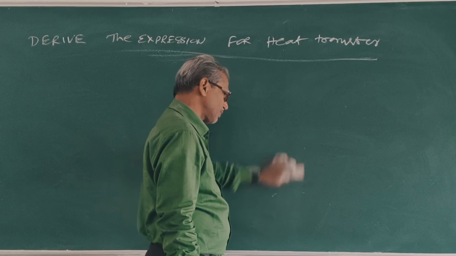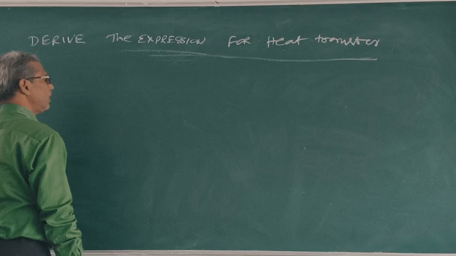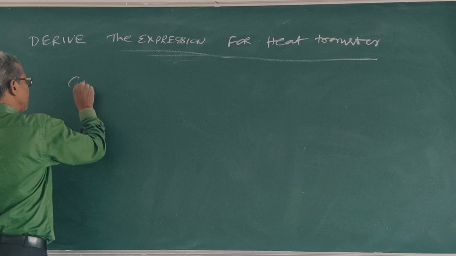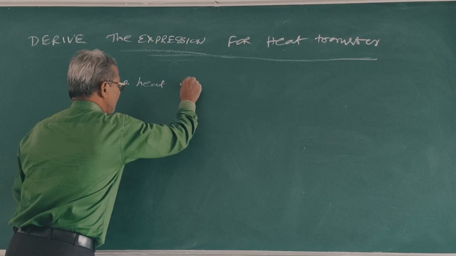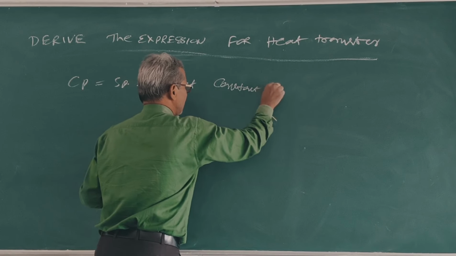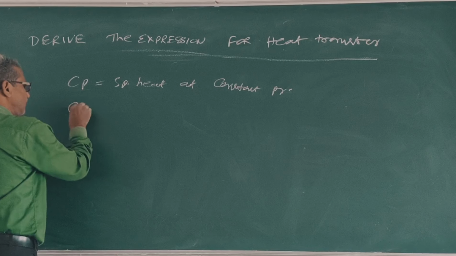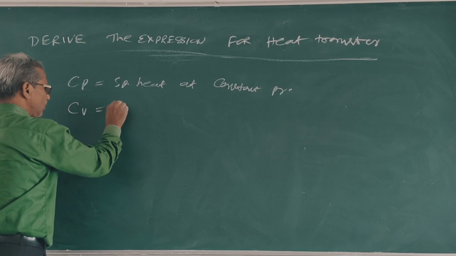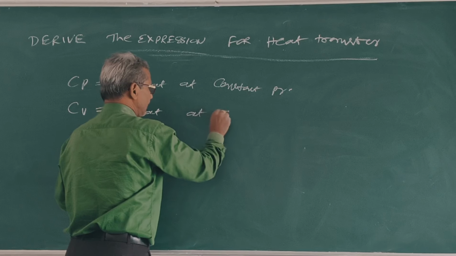Now Cp is the specific heat at constant pressure. Cv is the specific heat at constant volume.